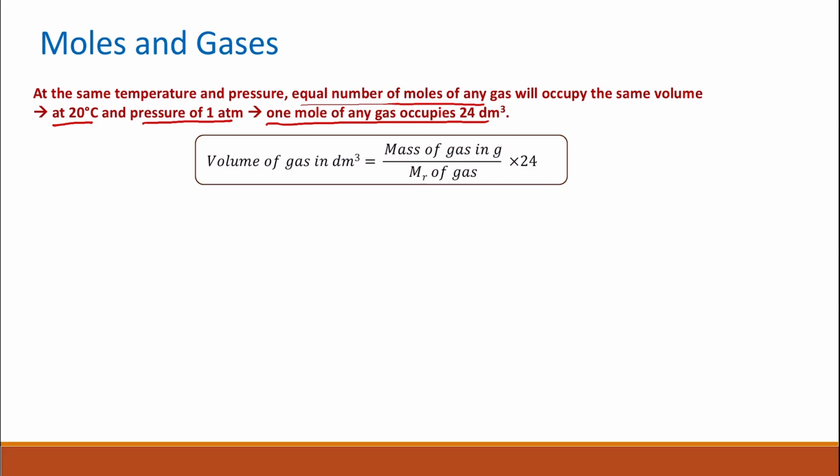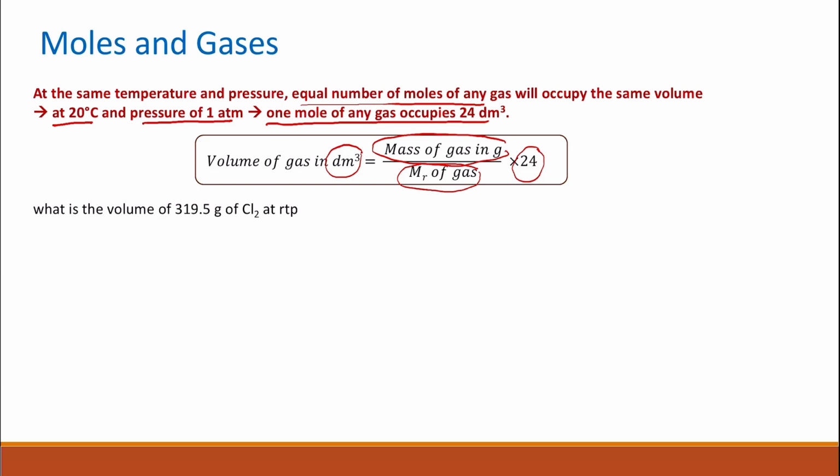So the volume of the gas in decimeter cubed will equal the mass of the gas in gram over the relative formula mass of that gas, times 24, which is the volume of 1 mole of that gas. Let's have an example. What would be the volume of 319.5 gram of chlorine at room temperature and pressure?